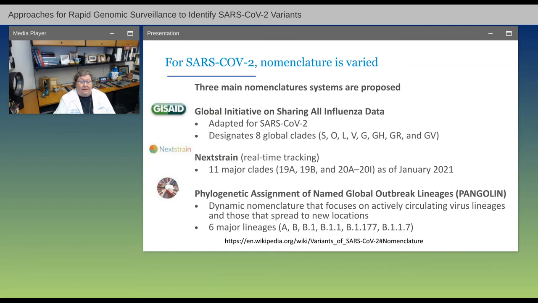And then Pangolin, the Phylogenetic Assessment of Named Global Outbreak Lineages, is the one that we've been talking about, the B.1.1.7 and others. So those are the major lineage definers, and they're all different genomic databases, and they all have different nomenclature namings.